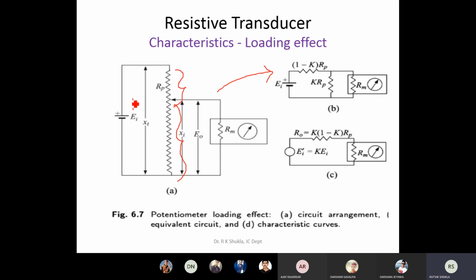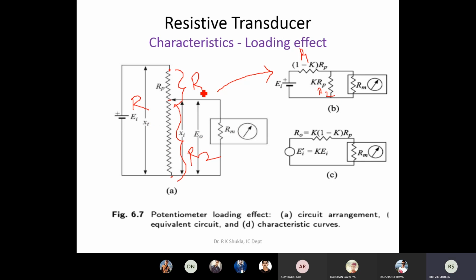Suppose if this is total R, then this is R1 and this can be R2. If the slider is somewhere over here, then R is nothing but the combination of R1, the resistance which exists between these two points, and R2, the resistance which exists between these two points.